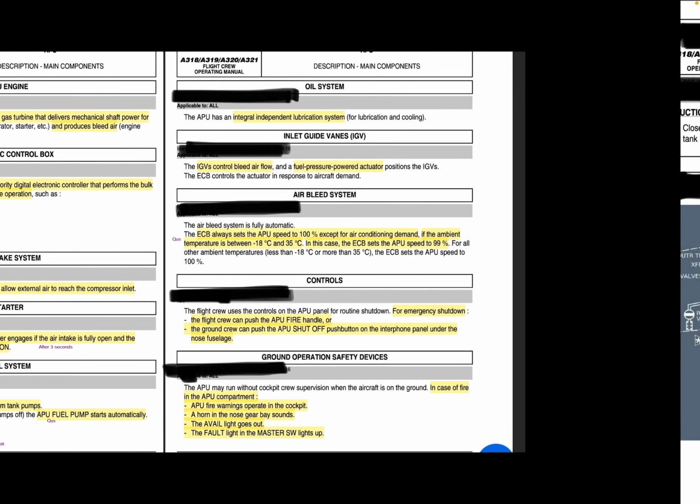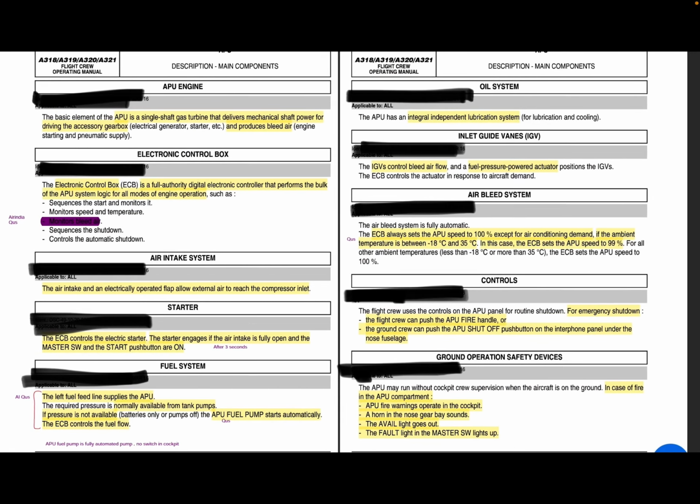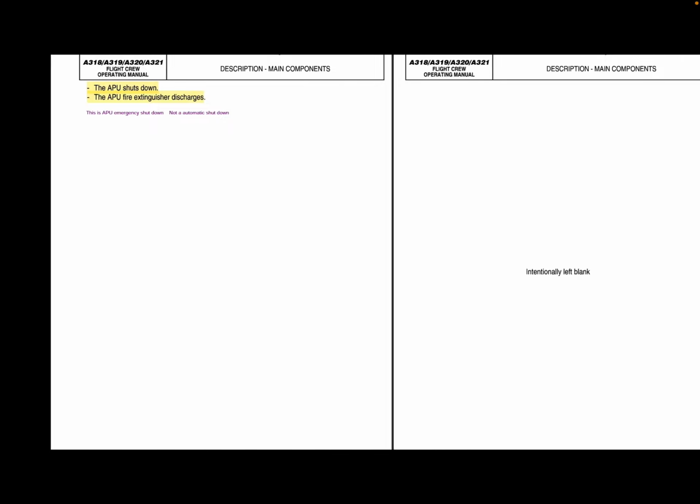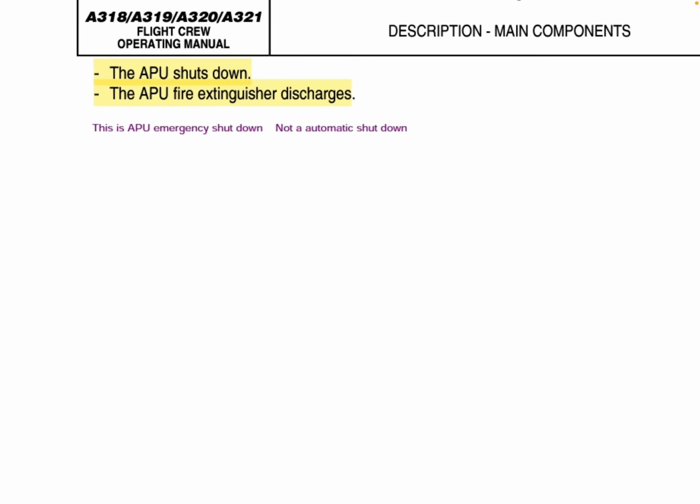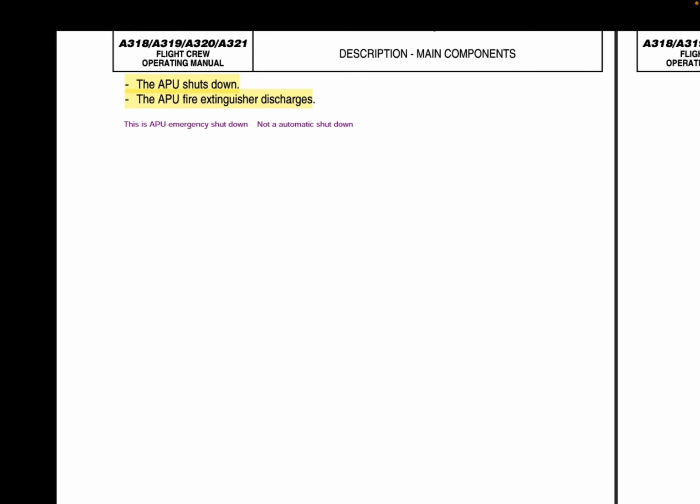So these are the safety measures we have in case of any emergency, in case of fire. APU shuts down automatically if the aircraft is on ground, and the APU fire extinguisher discharges automatically, right?